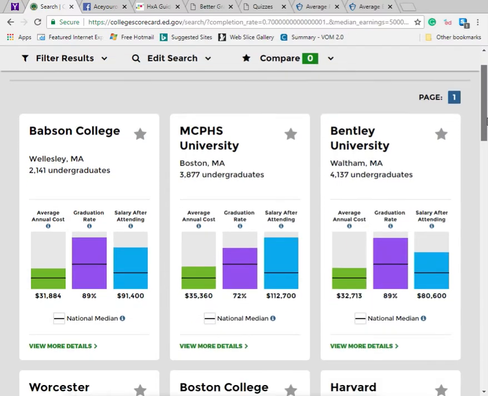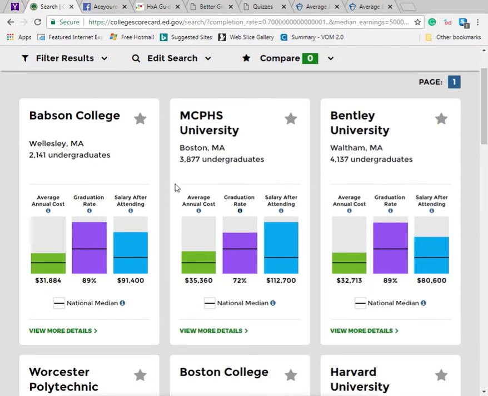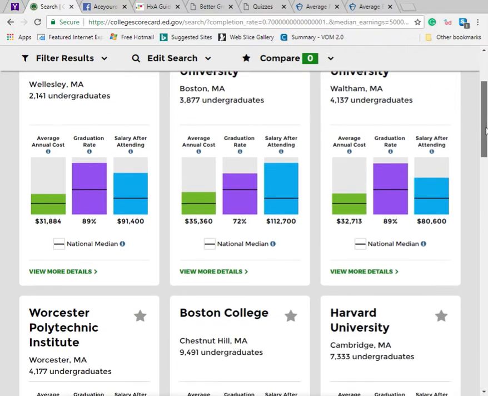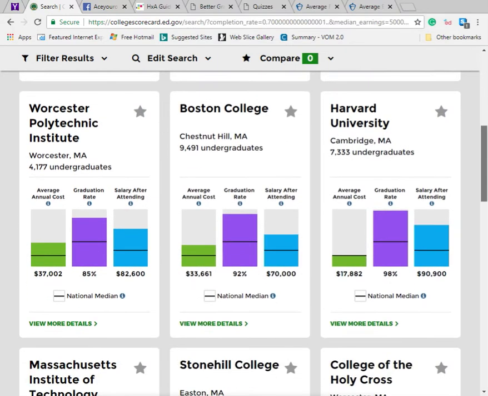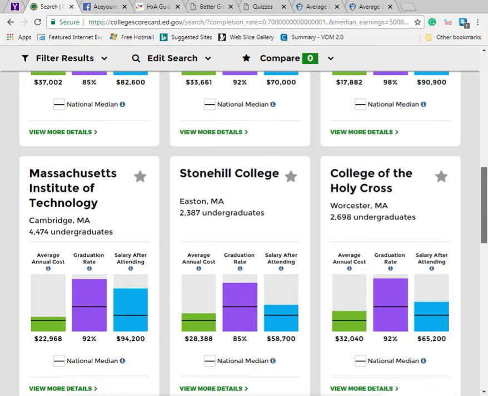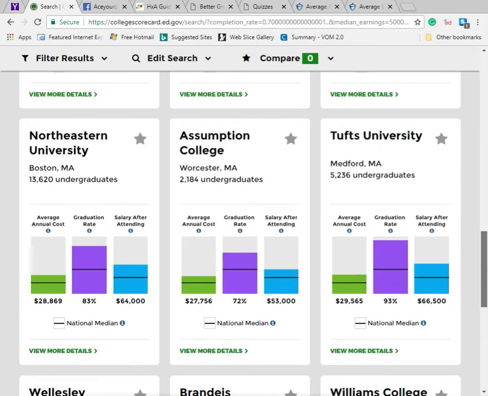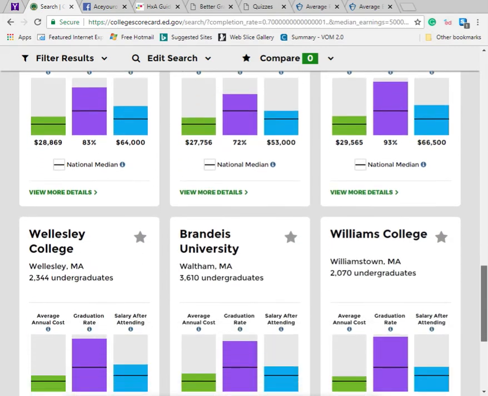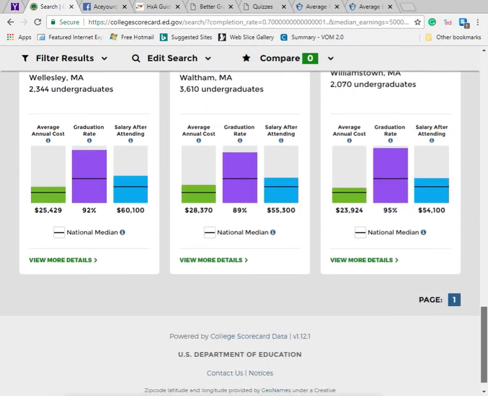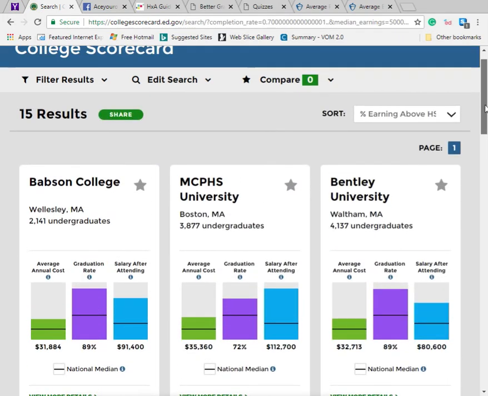And these are great colleges. Babson College is a terrific school. It's mostly for business majors. This is a specialized university for pharmacy, so that one doesn't count for most people, but Boston College, Harvard, MIT, Northeastern University, a terrific school, Tufts, Brandeis, Williams, among the best schools in the United States anywhere.